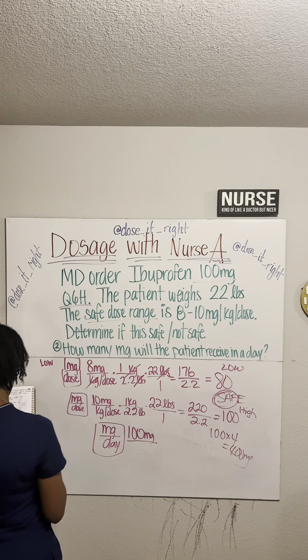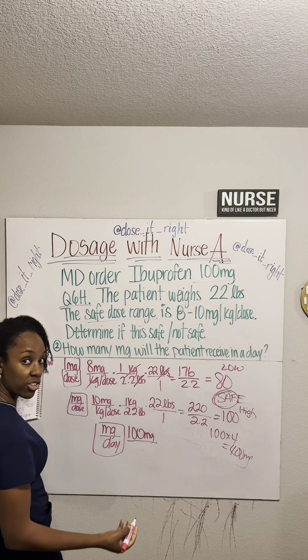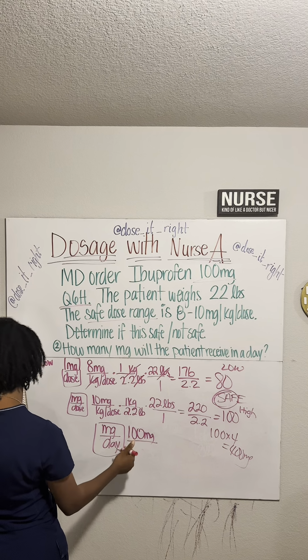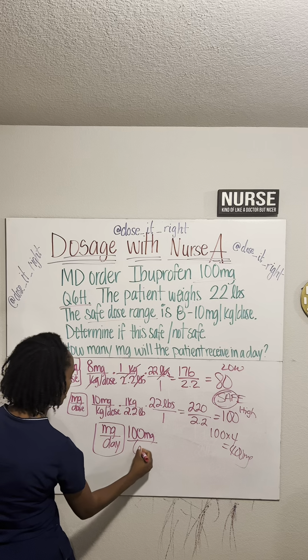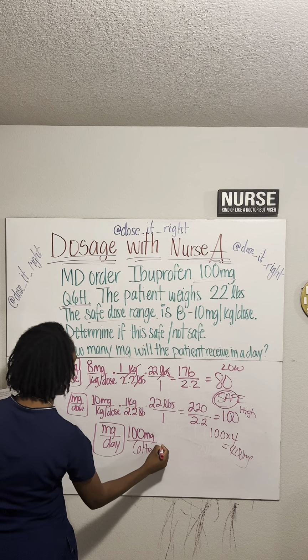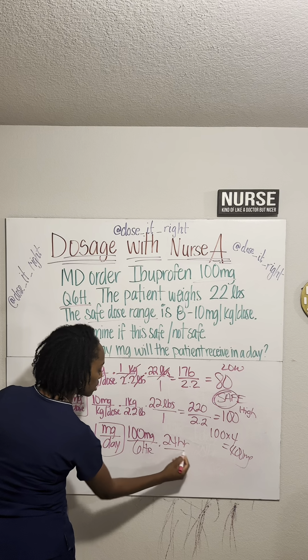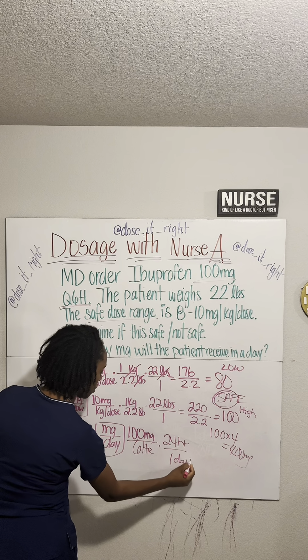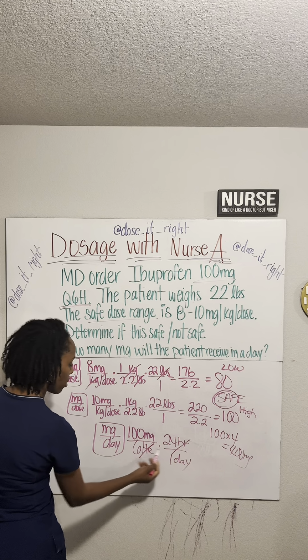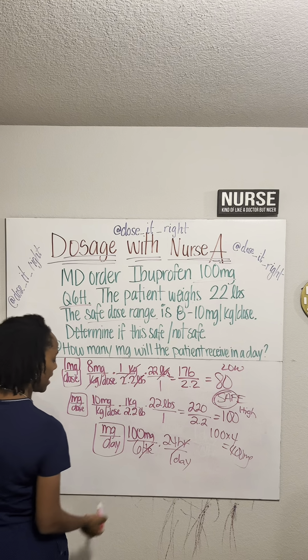But if you want to work it out the long way, which is dimensional analysis, we can do 100 milligrams. They're getting it every 6 hours, right? And we know that 24 hours is 1 day. Cross out hour with hour, we have milligrams and day left.